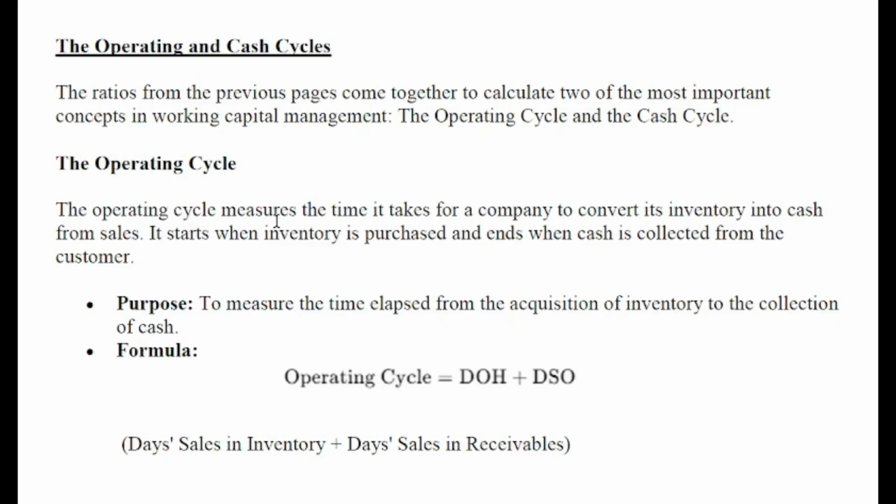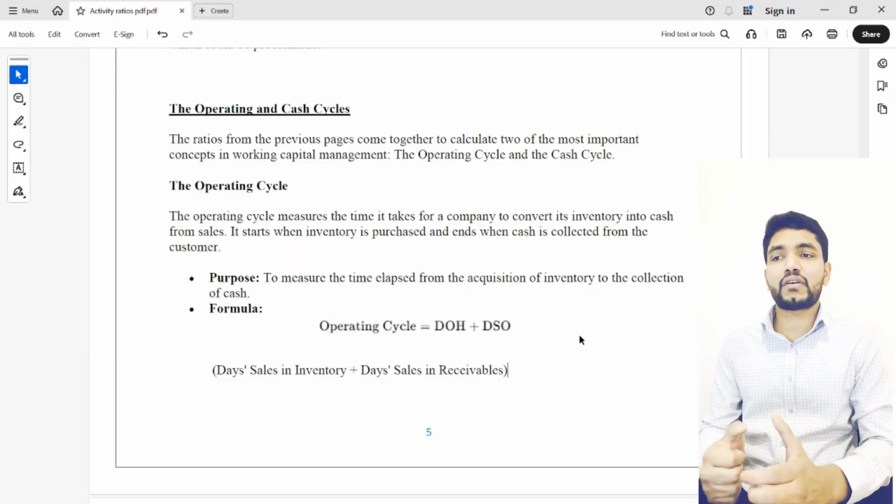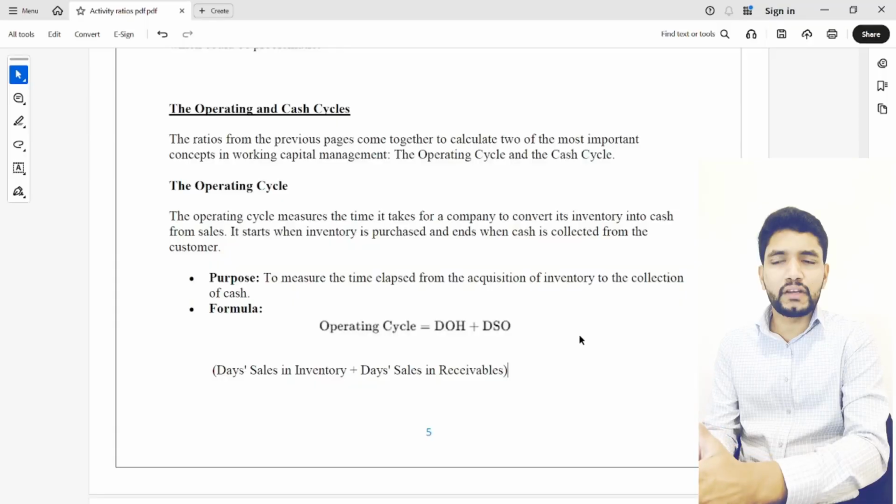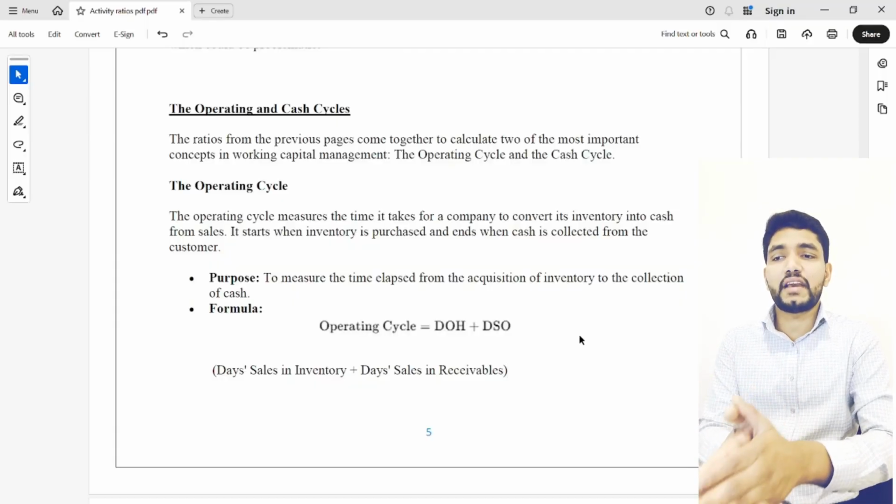That means how many days a company is taking to convert its inventory into sales and those sales into cash. The formula for operating cycle is days sales in inventory plus days sales in receivable. That measures how many days it takes a company to convert its inventory into sales and sales into cash.